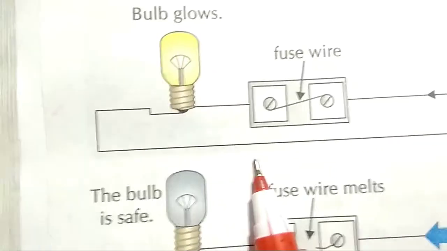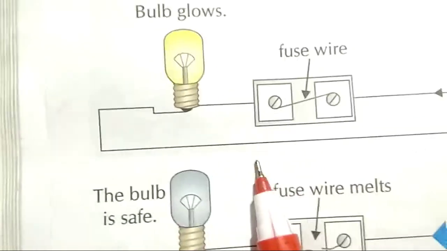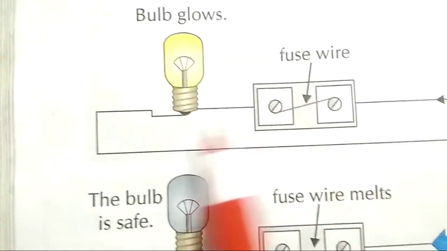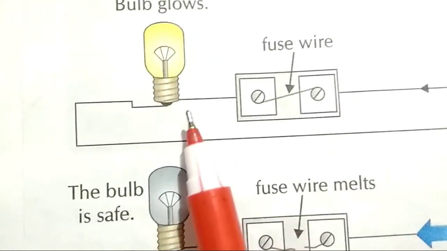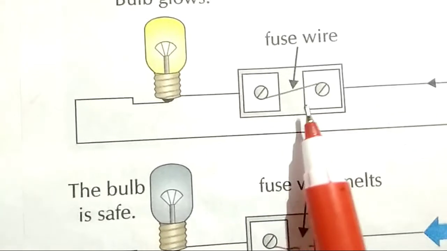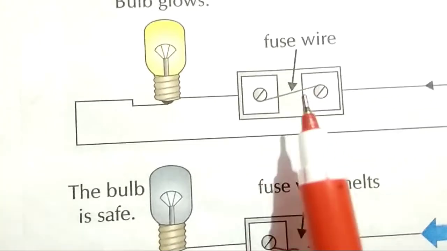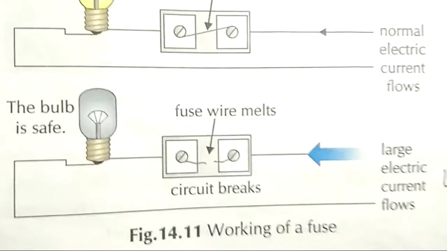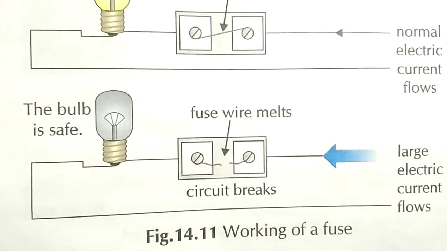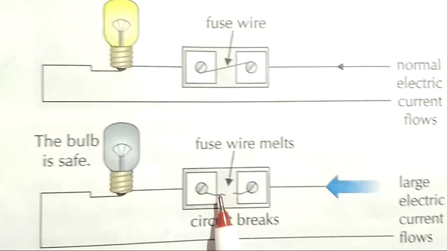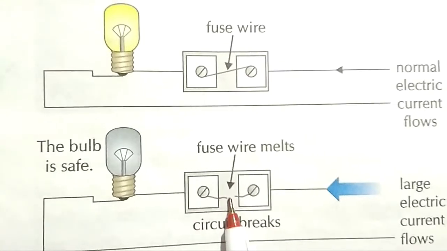In this way, damage to various electrical appliances is prevented. It breaks the circuit, so electricity will not flow in this circuit, and all the appliances can be protected in this way. Here you can see the fuse wire has broken down.